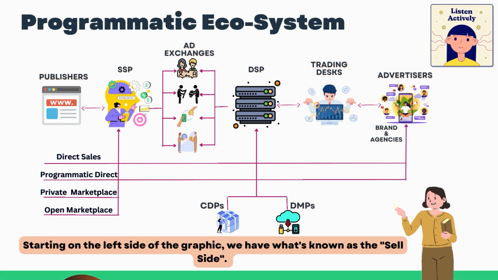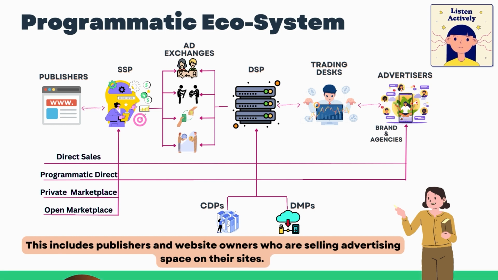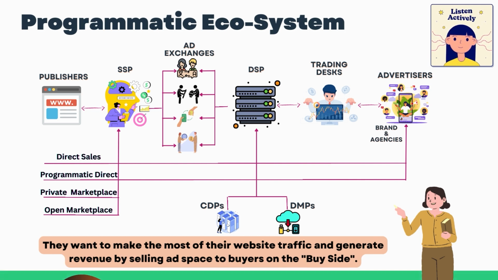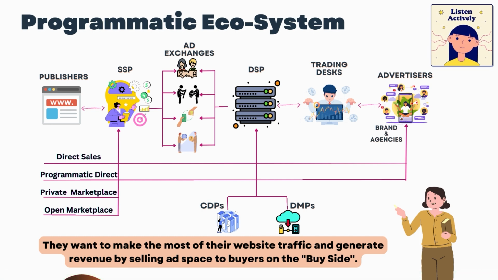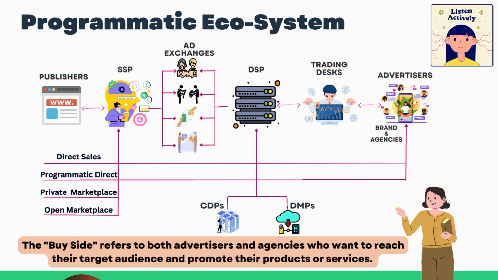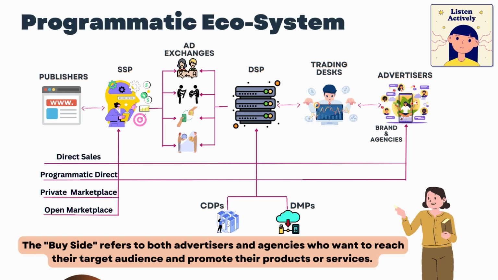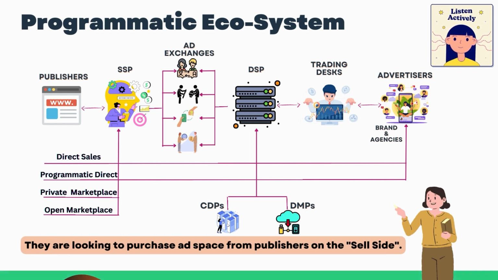Starting on the left side of the graphic, we have what's known as the sell side. This includes publishers and website owners who are selling advertising space on their sites. They want to make the most of their website traffic and generate revenue by selling ad space to buyers on the buy side. The buy side refers to both advertisers and agencies who want to reach their target audience and promote their products or services.